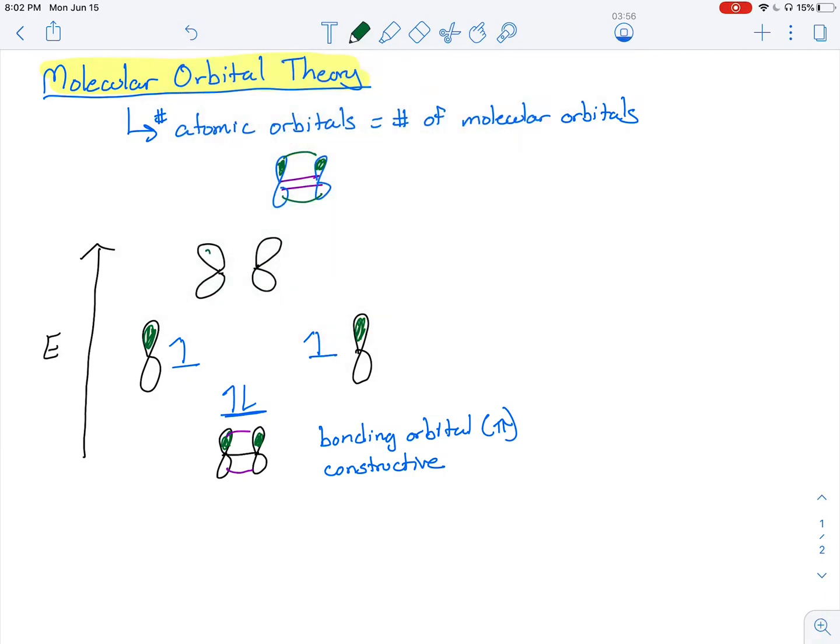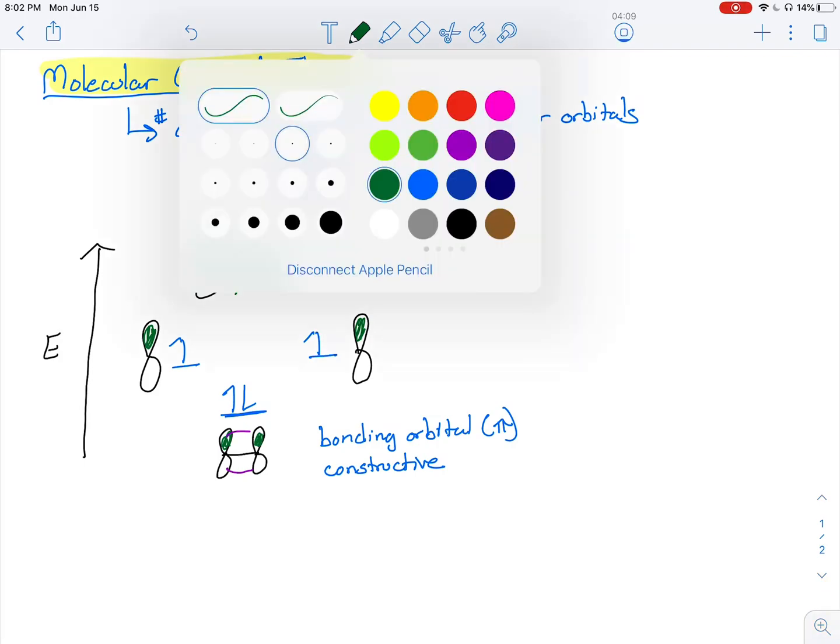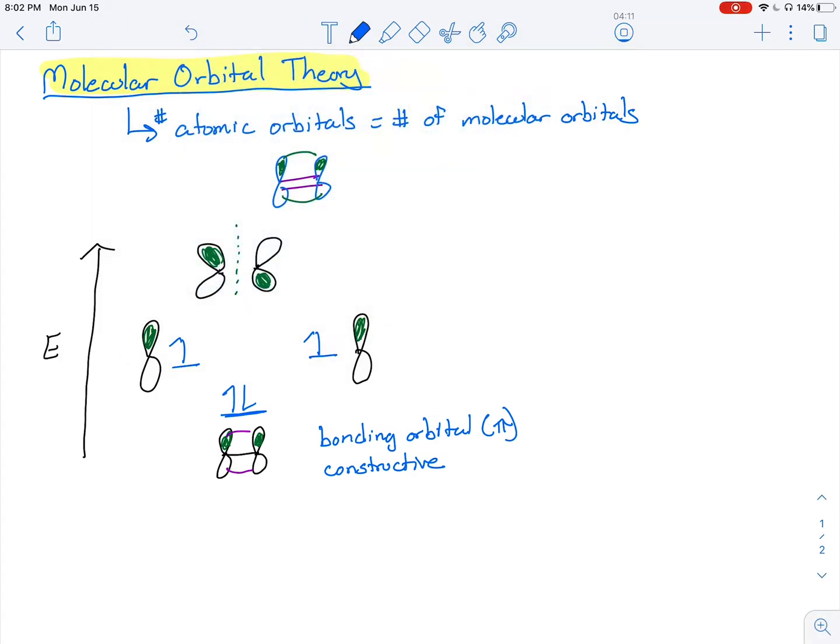So now these phases do not overlap, and there's a repulsion here that keeps them from overlapping because they're not of the same phase. We still have a molecular orbital here. Here's the energy, here's a molecular orbital, but this is what we would call an antibonding orbital.